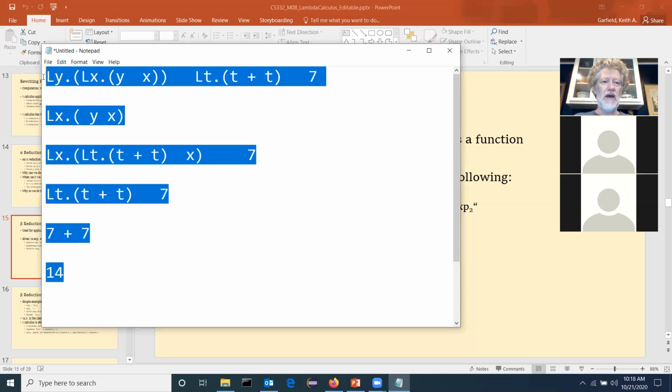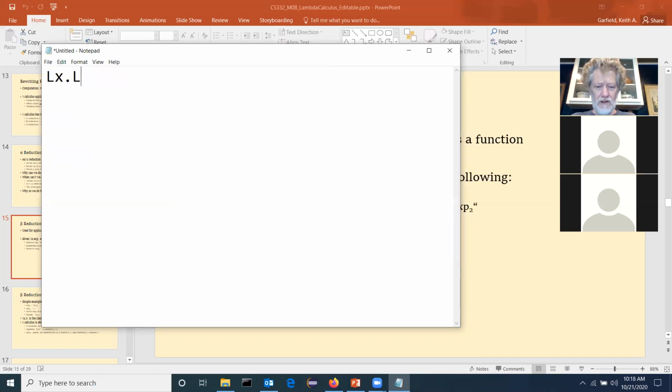Now, because I can do that, let's say I did lambda x dot lambda y dot x, y, y, like that. And then I apply that to lambda t dot t plus y.